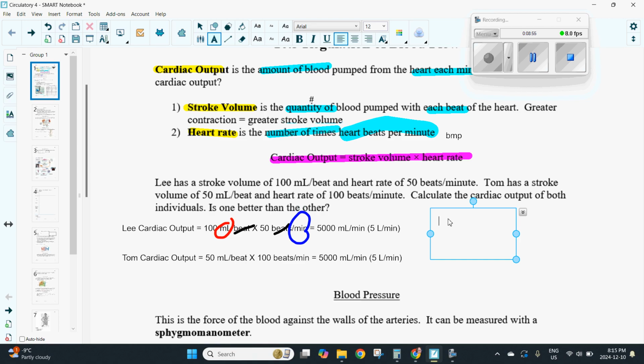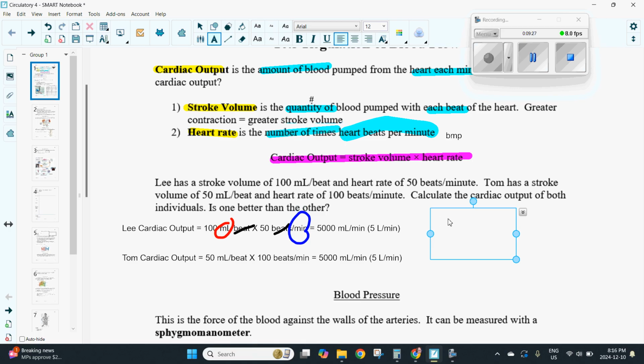Your body still needs oxygen, and this always goes back to cellular respiration. So that being said, since Tom's stroke volume is so low, he has to increase his heart rate in order to get the same amount of blood pumping through his body every minute. Whereas Lee is pumping out more blood every beat, so his heart doesn't have to work as hard.